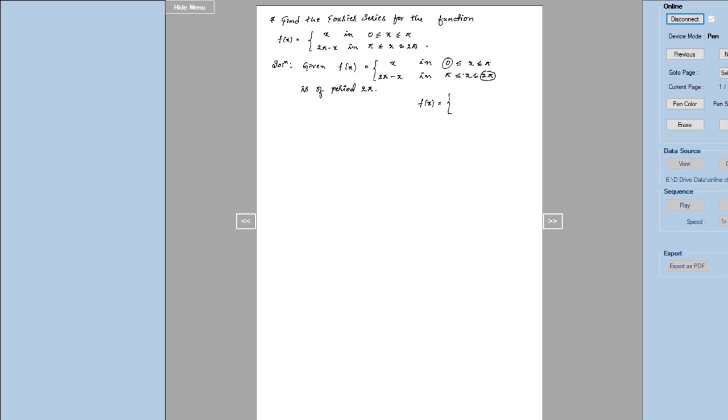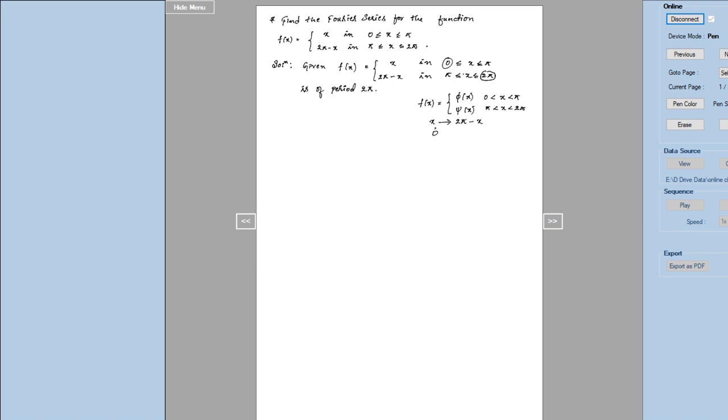If f of x is defined as phi of x in the interval 0 to pi and psi of x in the interval pi to 2 pi, then change x to 2 pi minus x.